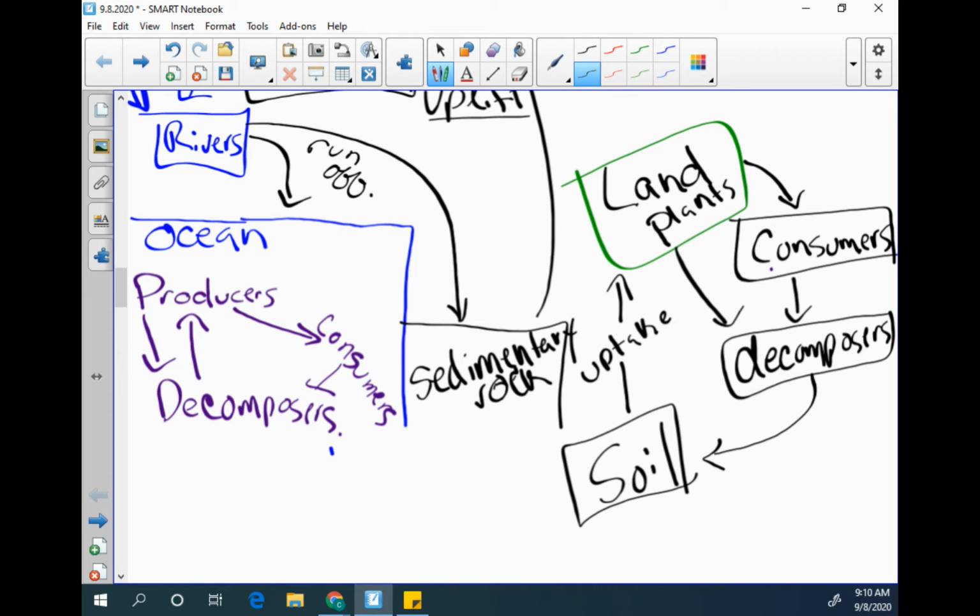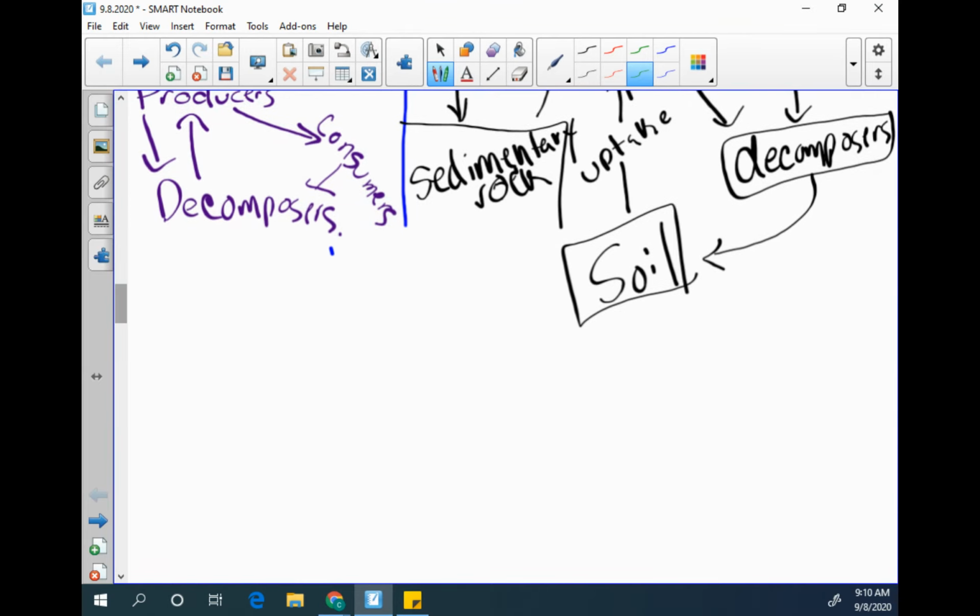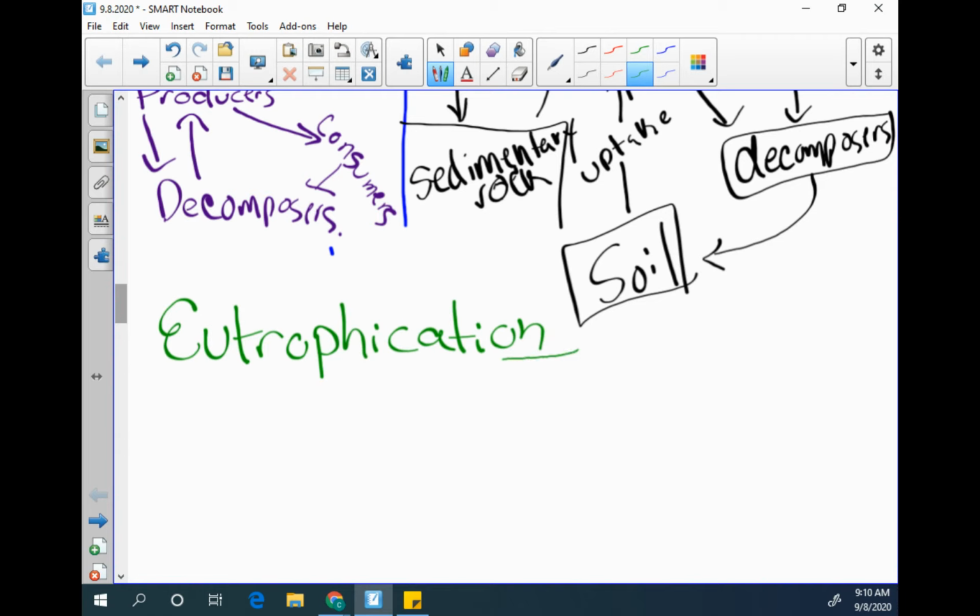All right. There is a process that is really important to farmers, to fishermen, to us, because we do benefit from the jobs of farmers and fishermen. There's a process directly related to phosphorus called eutrophication, E-U-T-R-O-P-H. Keyword, buzzword.